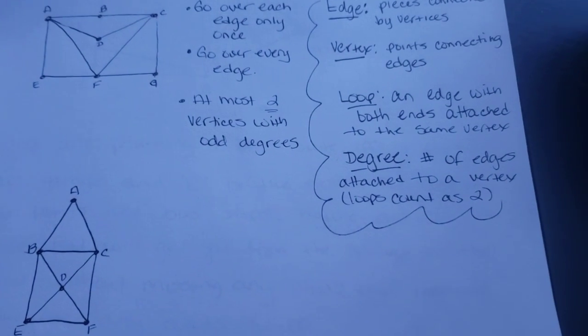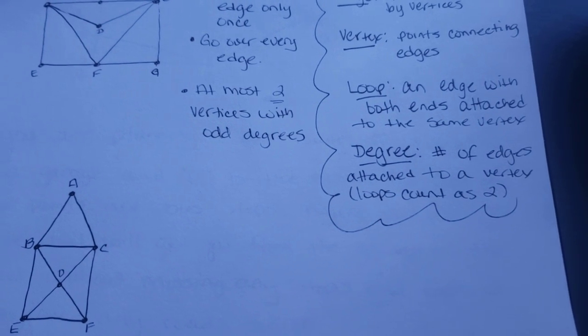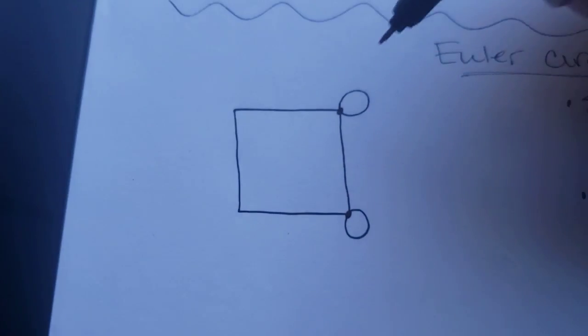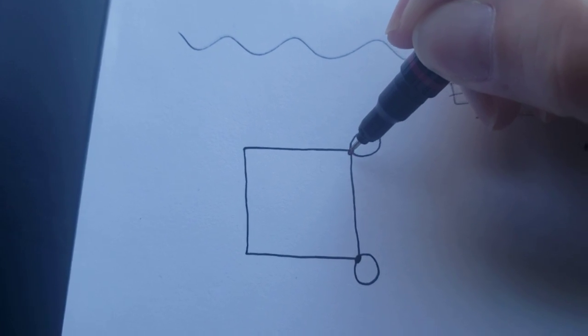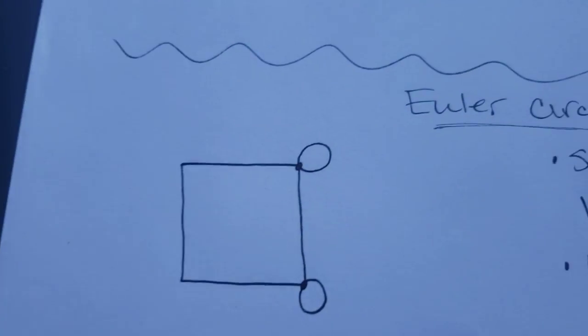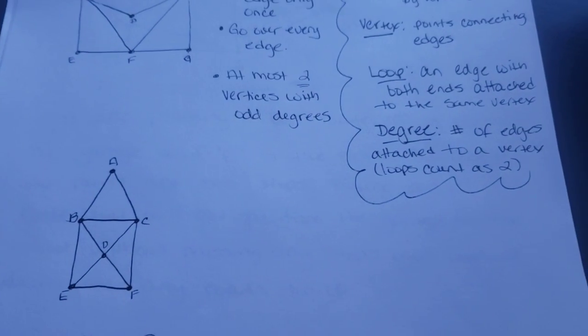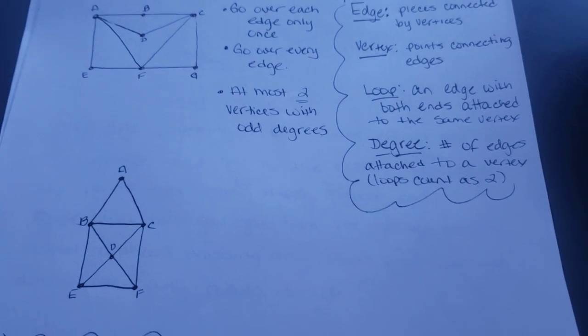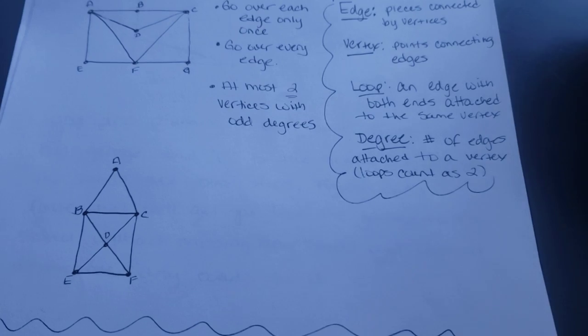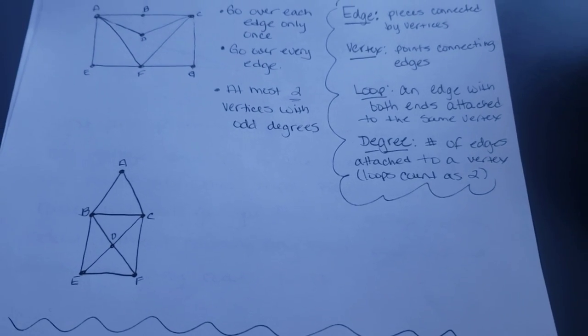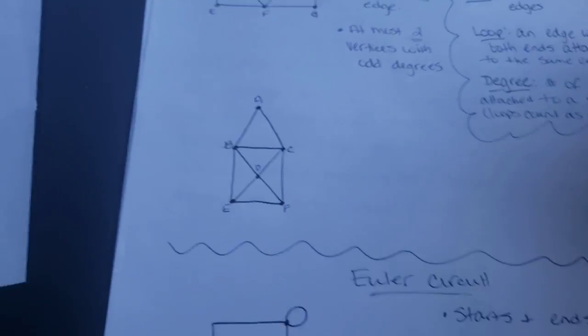A loop is a special edge with both ends attached to the same vertex. So this little circle right here is a loop because it begins and ends at the same vertex. And then the degree is the really important part. The degree is the number of edges attached to a vertex. Loops count as 2 edges.